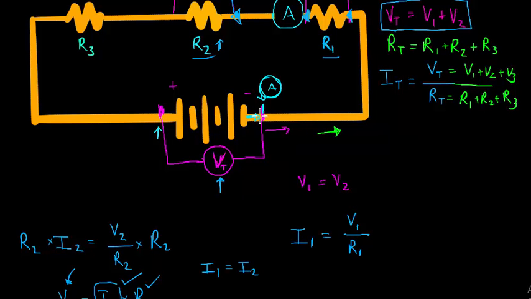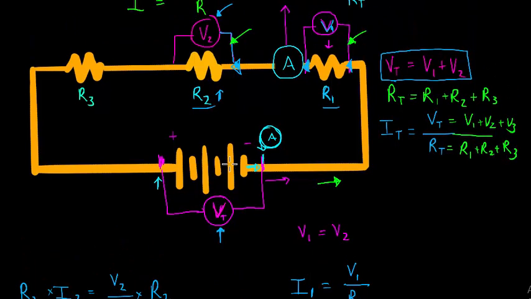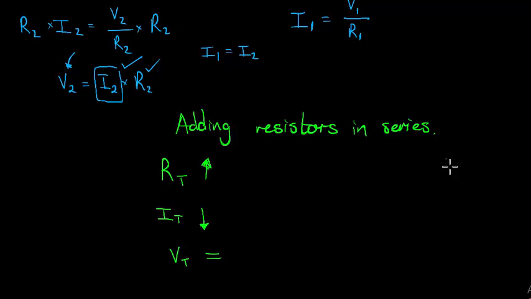So an increase in resistance, even though it decreases the current, doesn't affect the total voltage. That stays the same. It does affect the individual voltages, because each resistor now uses a part of that energy for itself. So hopefully that makes sense, but this is very important for understanding. Adding resistors in series increases total resistance, therefore decreases the total current, although voltage stays the same.